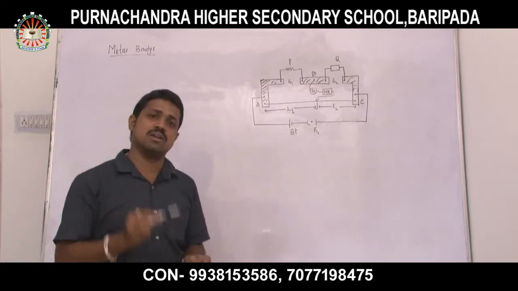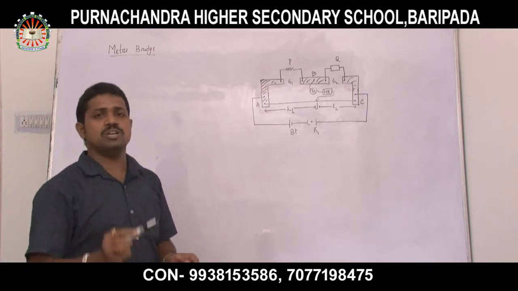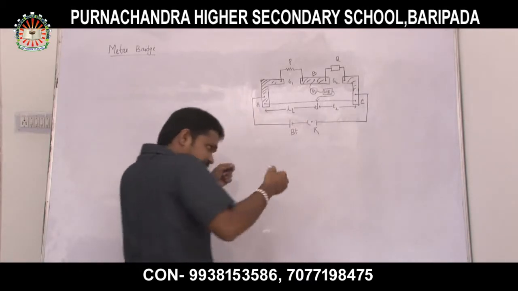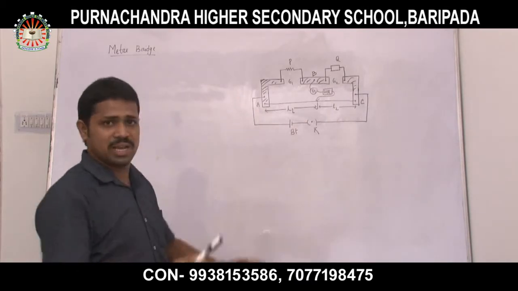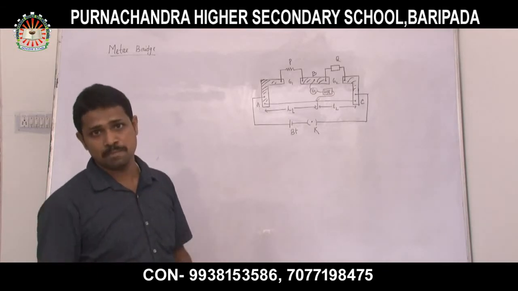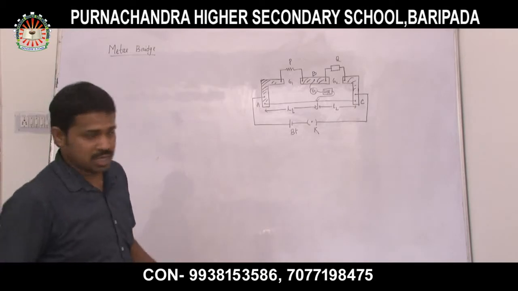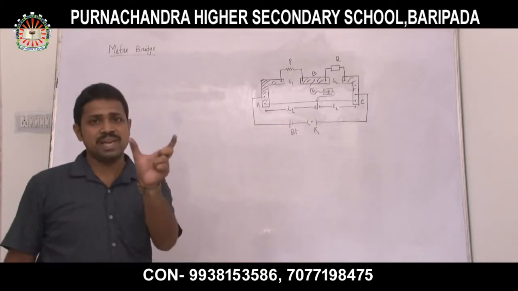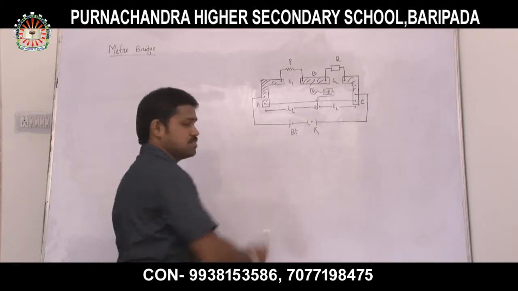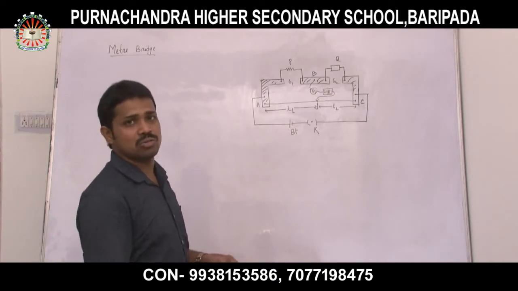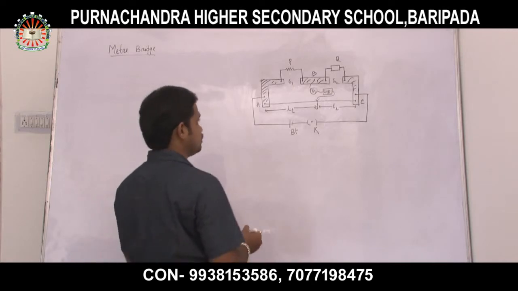Because they have a low temperature coefficient. This wire AC has a certain length, that is 1 meter. We cannot take it as 2 meters or 3 meters. So the wire has a fixed length of 1 meter, and it is made of manganin or constantan due to the low temperature coefficient.